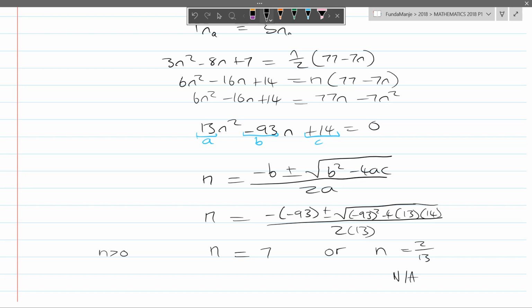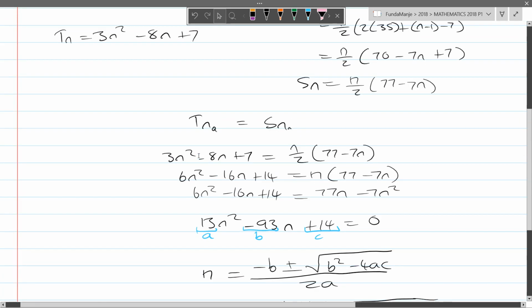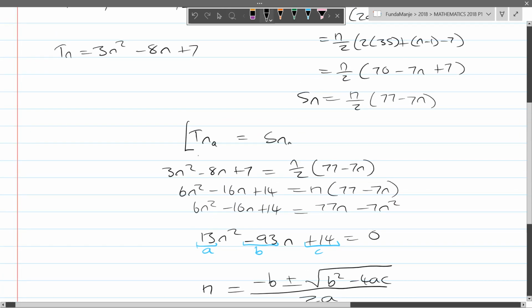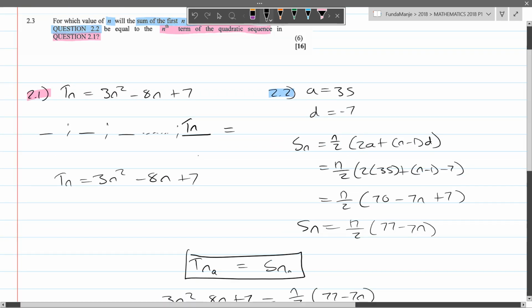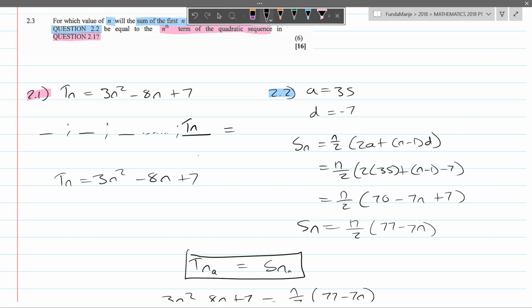Because this is describing position, we can't have a position described by a decimal or by a negative number. Therefore, when n is 7, this here is true. That means the 7th term in this pattern will be equal to the sum of the first 7 terms in the arithmetic pattern.